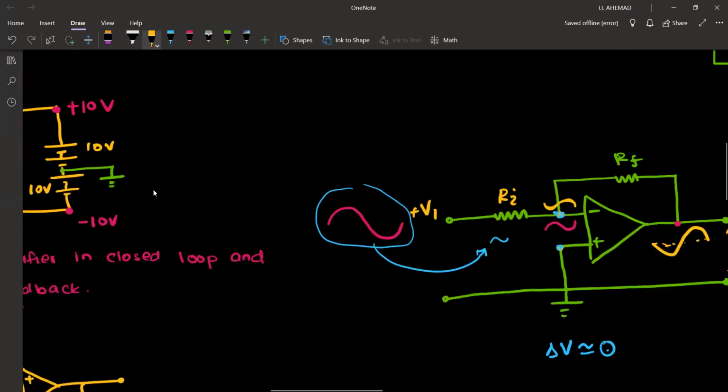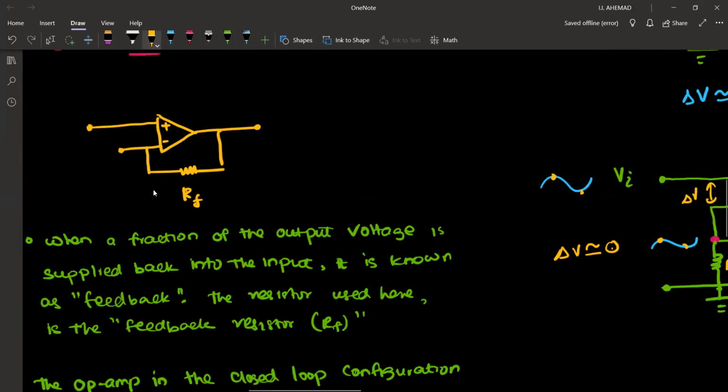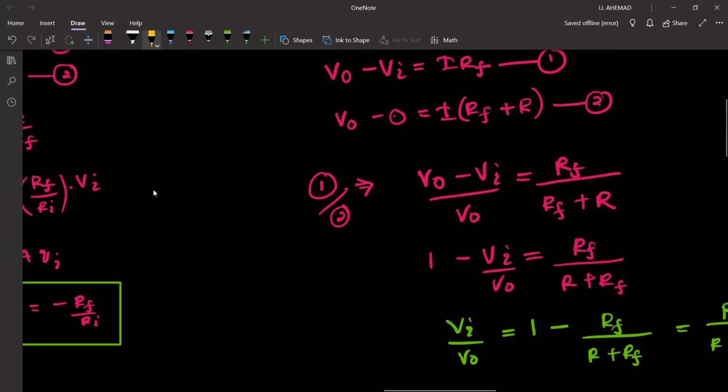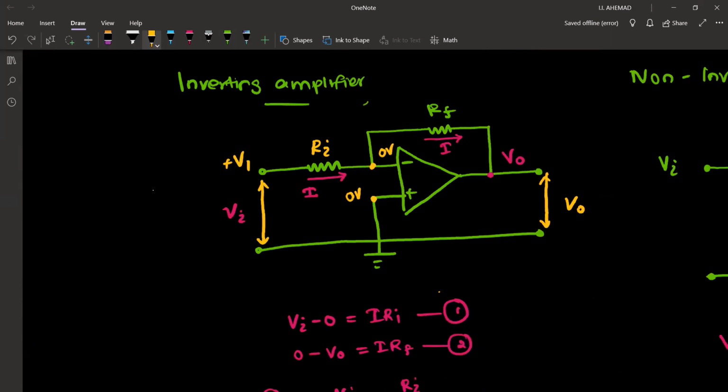Here under inverting amplifier, draw like this. When you give a wave like this, a small wave, the output, you get a large wave but inverted.